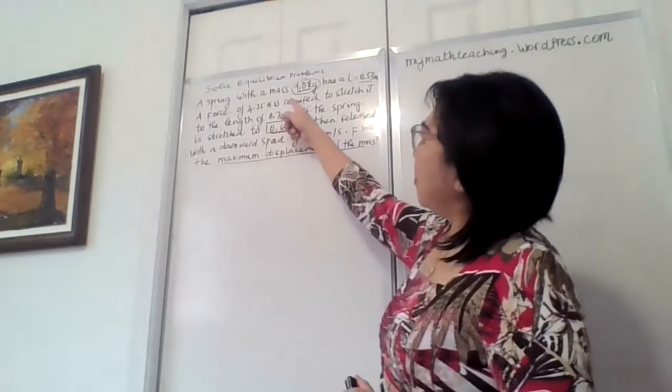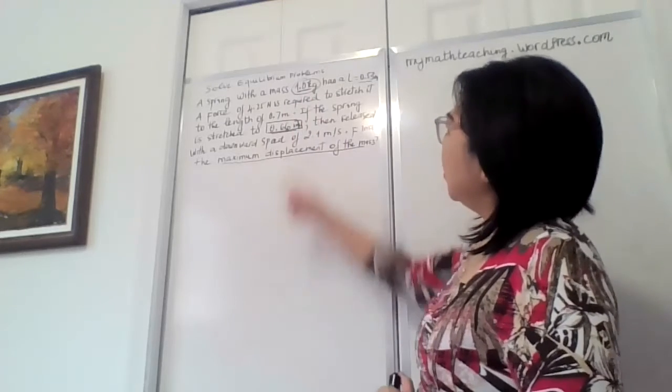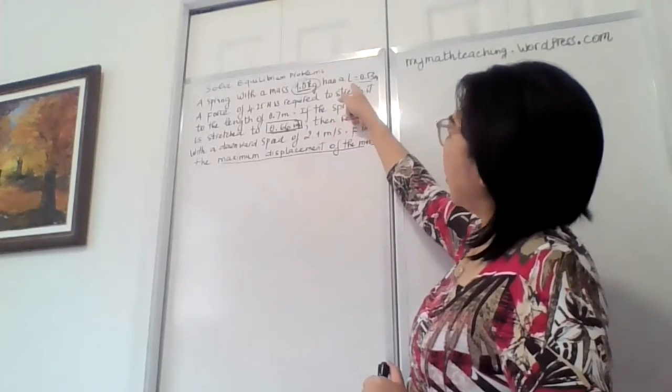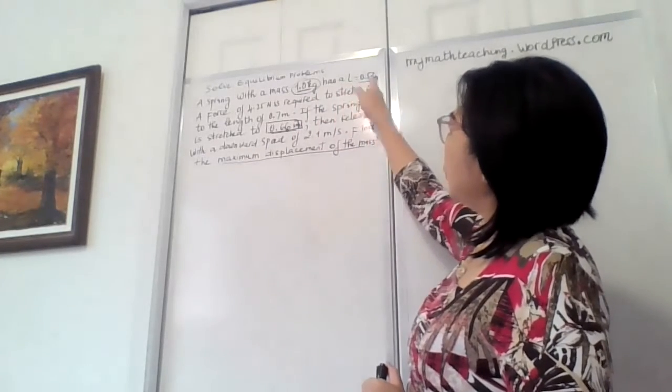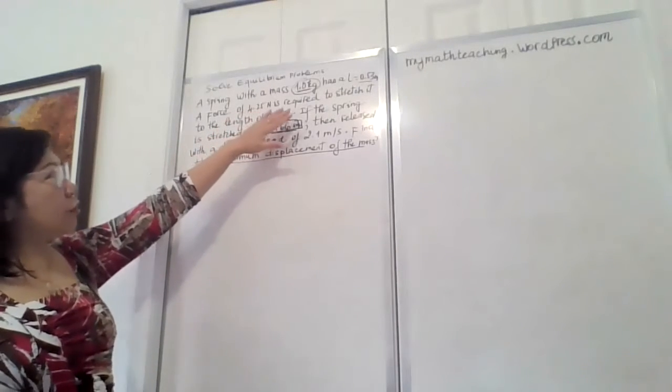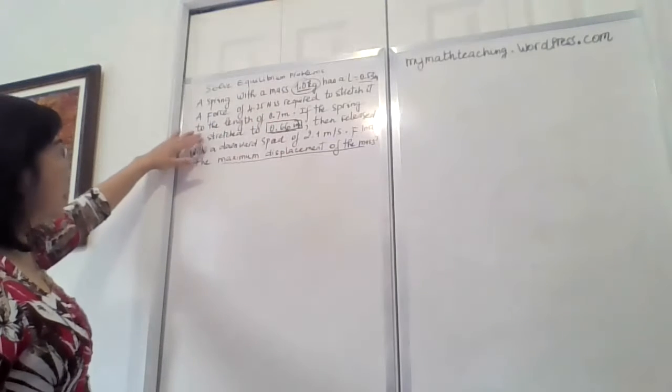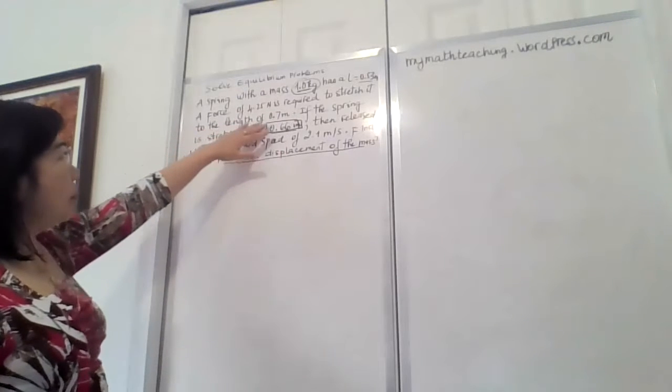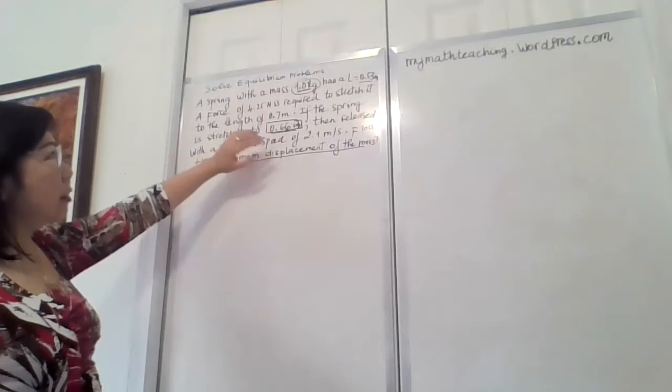A spring with a mass of 1 kilogram has a length of 0.53 meter. A force of 4.25 Newton is required to stretch it to the length of 0.7 meter.